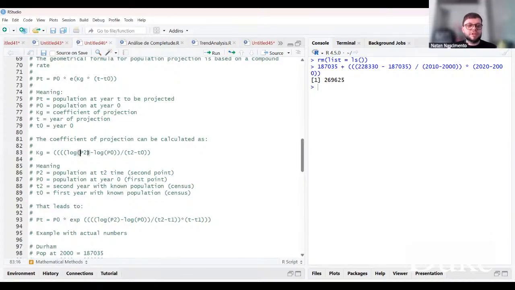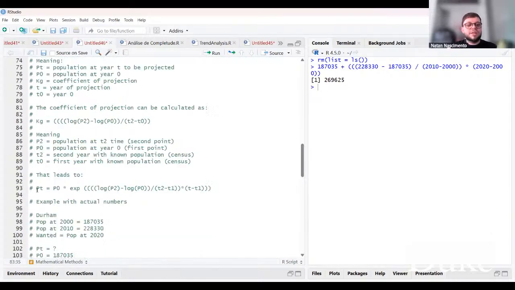So the population at the second time, like 2010, will be the natural log minus the natural log of the population at time 0, which is 2000. And then we'll divide this by the subtraction of those years. That means that for geometrical, the population at a given time will be this huge formula. But this is simple, since it's only a couple of subtractions and this is a log on only 2 terms.